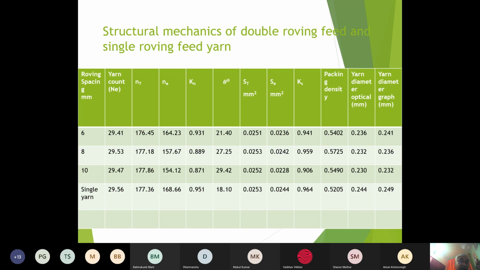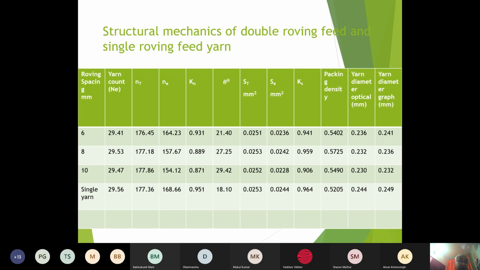Now suppose my fibers are inclined lesser, definitely it will give more number of fibers in the yarn cross section. If my fibers are inclined more, they will give lesser number of fibers in the yarn cross section. So that's why my NE value is lesser, and then accordingly we have calculated the value of Kn.